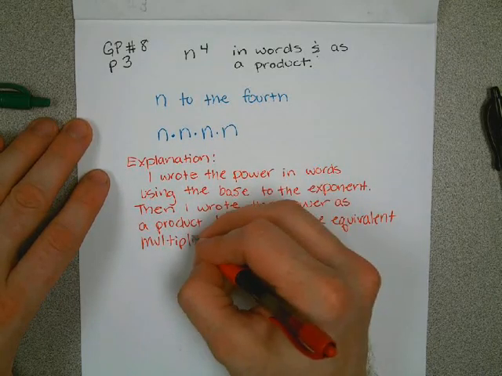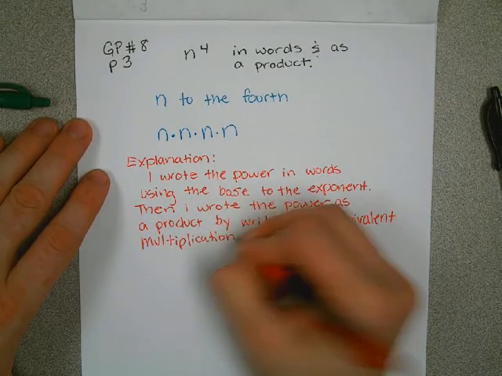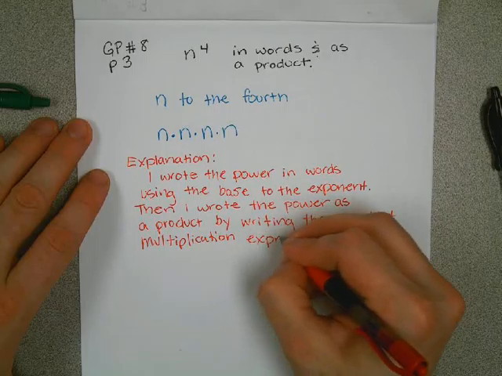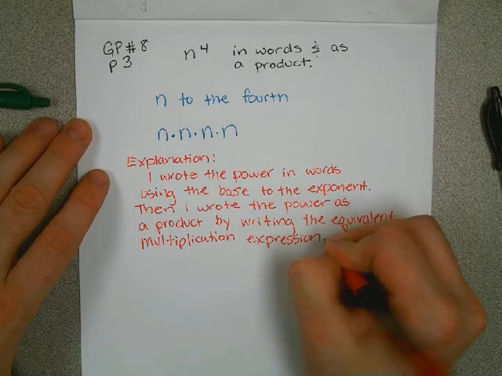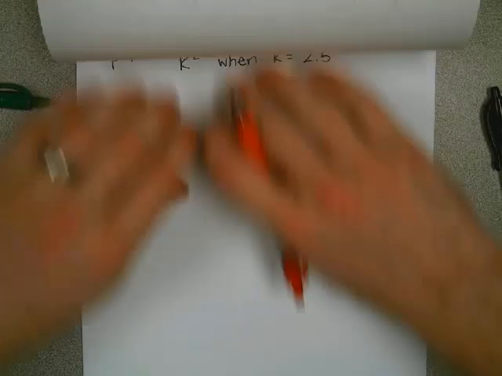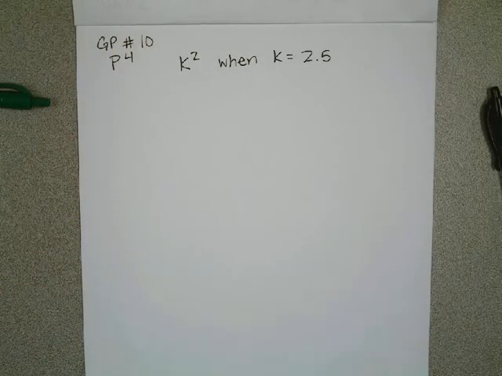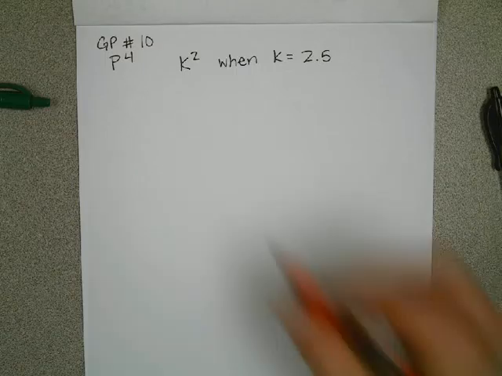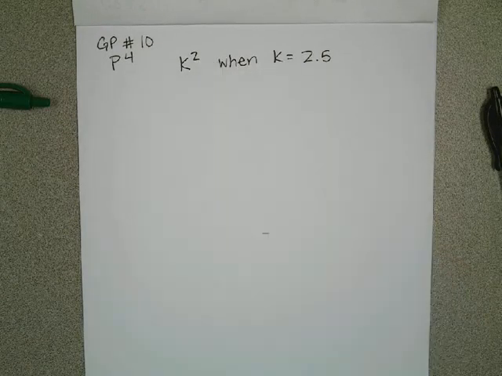We have one more guided practice here, and that's guided practice number 10 on page 4. In this situation, we're given another expression, k to the second power. And instead of having a bunch like what we had on page 2, where it says y equals 2 for all of them, in these problems each problem is going to give you a different value, and you're typically going to be using exponents.